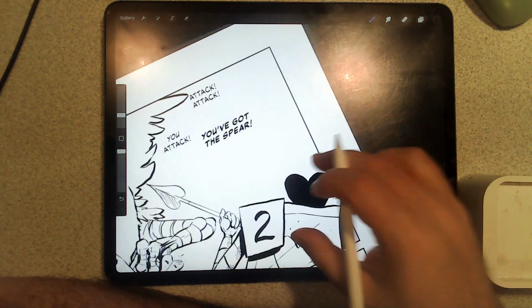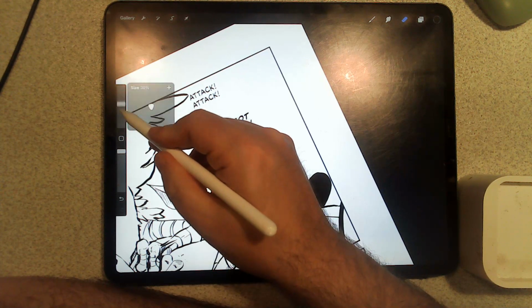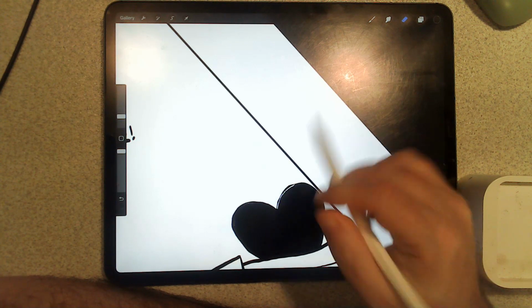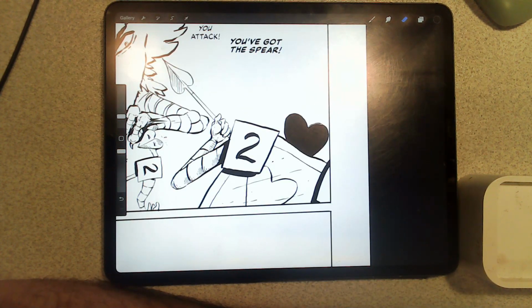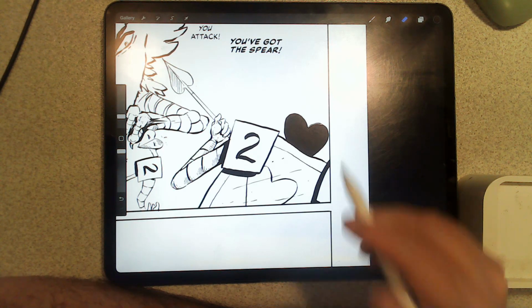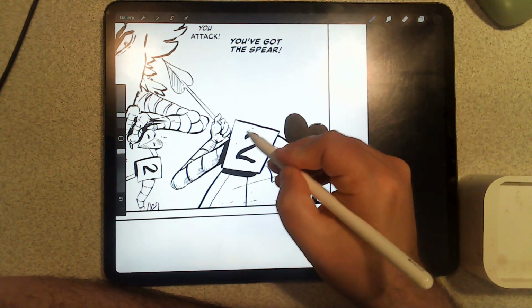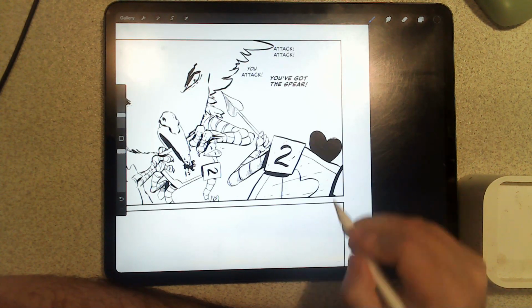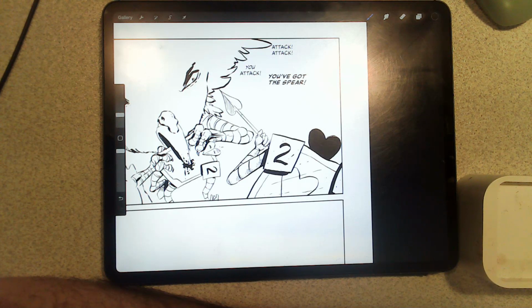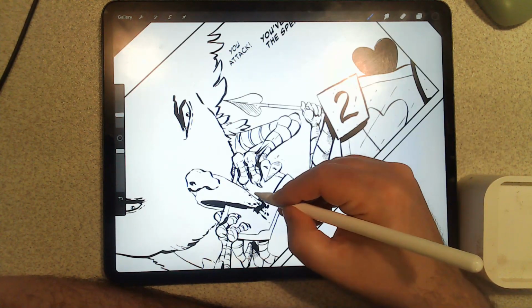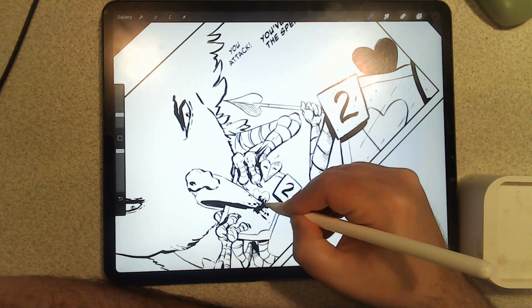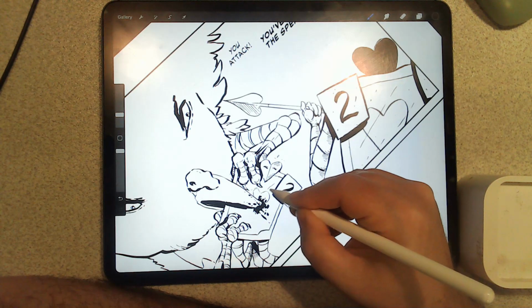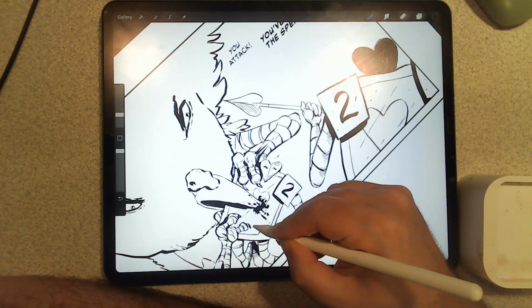Alright. Picture there. There's actually supposed to be a heart here, but he's literally been stabbed through the heart with the bird's beak.